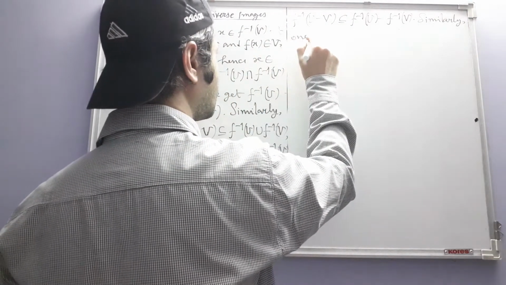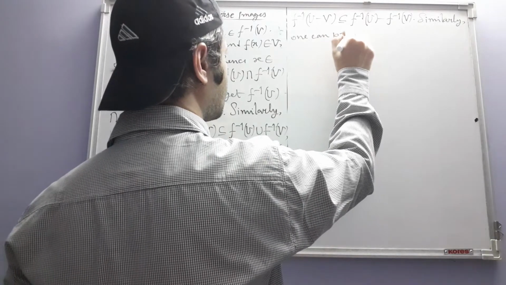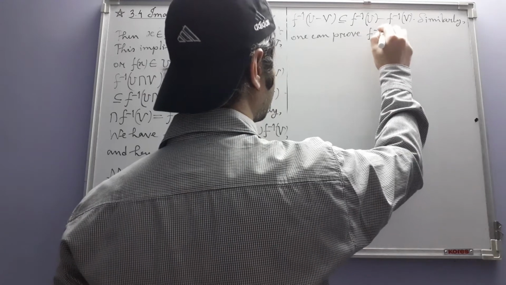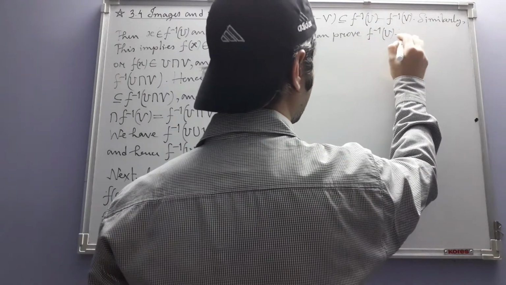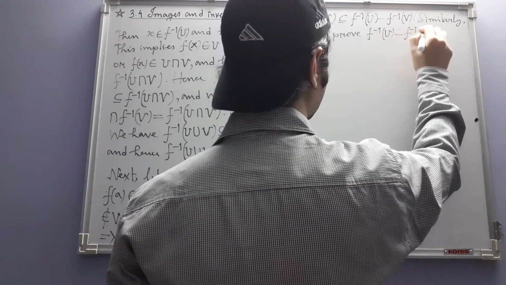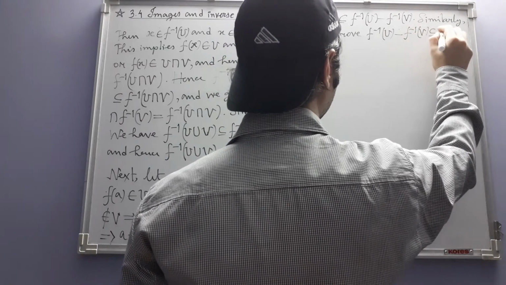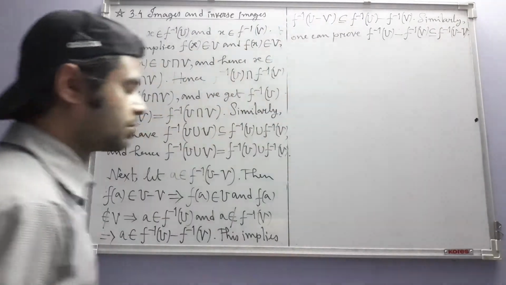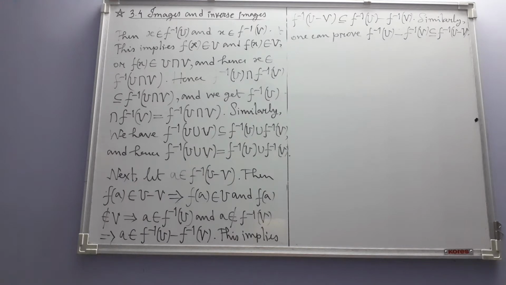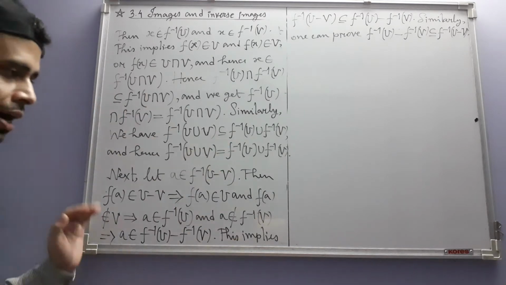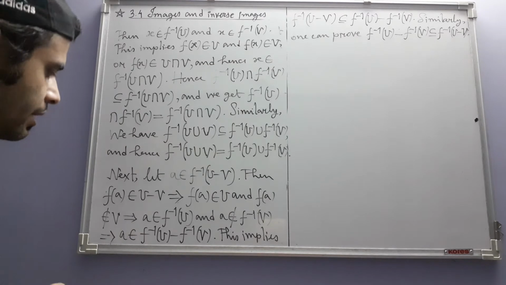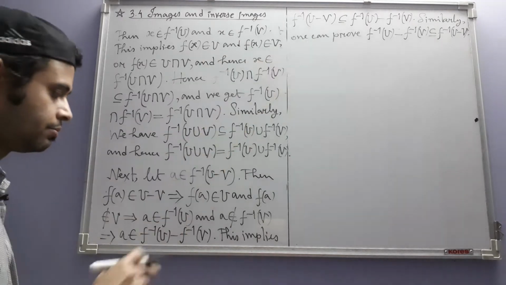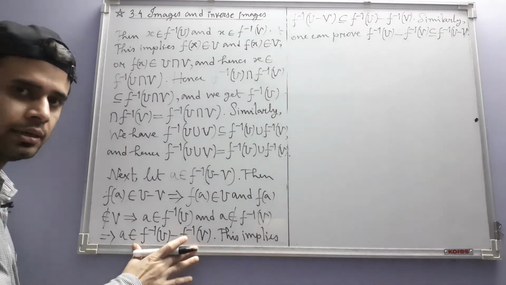Similarly, one can prove the converse relation. If you are well familiar with this type of arguments, you may notice that the converse argument, to prove the other thing, you will start here, right?